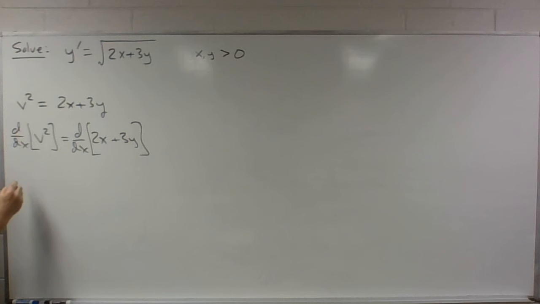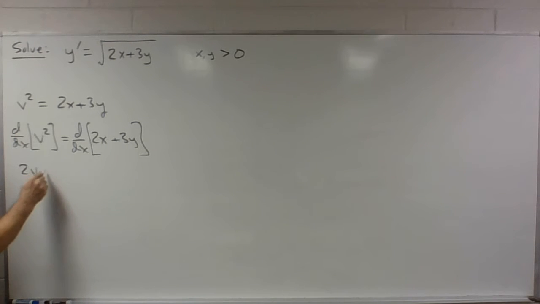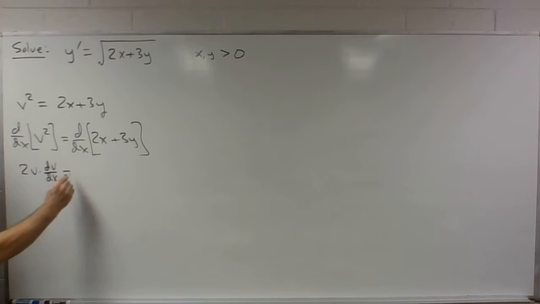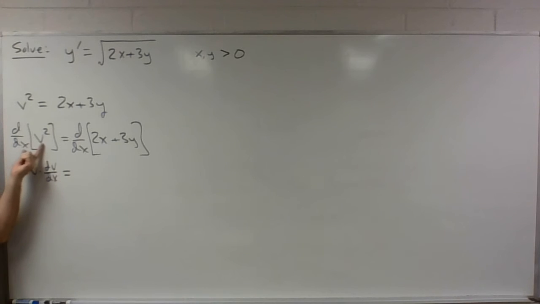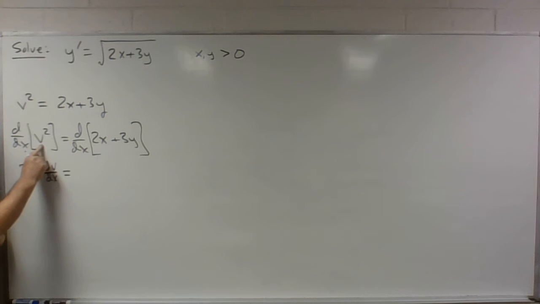Derivative of v squared with respect to x, I get 2v times the derivative of v with respect to x. Remember, these two variables are different, so not only do we look at v as a variable, we look at it as a function of x. So this is a function raised to a power.